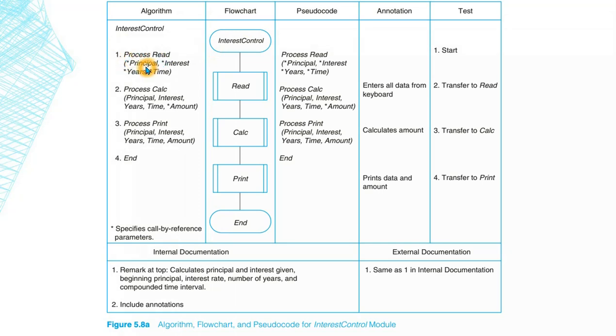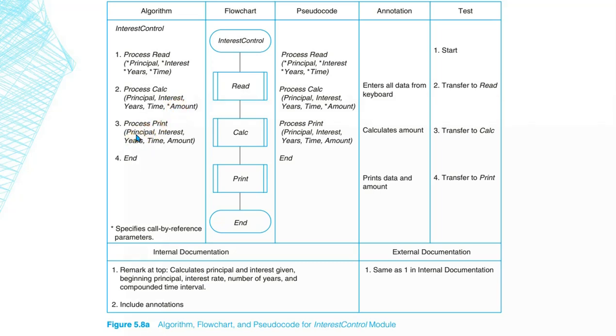You send the principal, will interest, will year, will time, actual parameters by reference. Then in the interest control module, the second step is processing calculate model, and you send principal, will interest, will years, will time by value, will amount by reference because the amount will be changed by applying the equation we talked about a moment ago in the calculate.